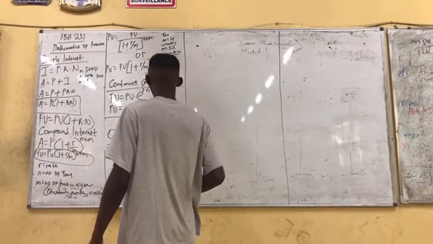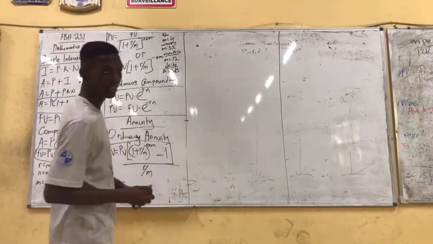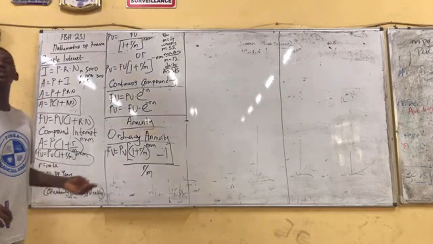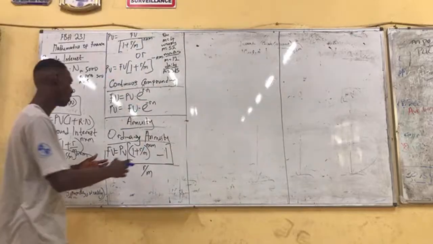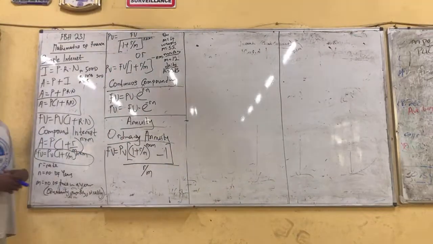Now, for the present value of an annuity, like I said, you can also use this formula. You simply rewrite the whole of it and divide it over the future value.